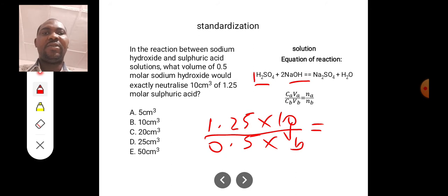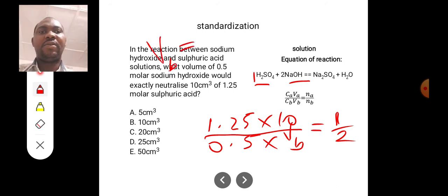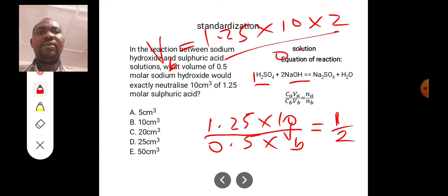The number of moles of acid is 1, and the number of moles of base is 2. If we cross multiply, the volume of base is equal to 1.25 times 10 times 2 divided by 0.5.